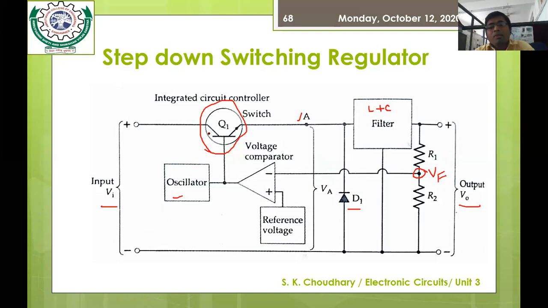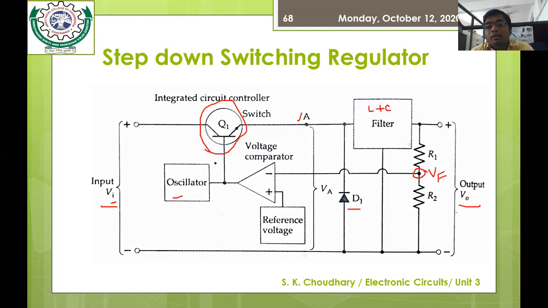Again, I can explain the working of this. It is very simple. We are getting a DC input VI, that is actually a rectified input, not perfectly DC but nearby DC, pulsating DC actually. This transistor, acting as a switching device, acts as a series pass transistor. So it is acting as a switch. It operates in the saturation region, as I have told, because it is a BJT.